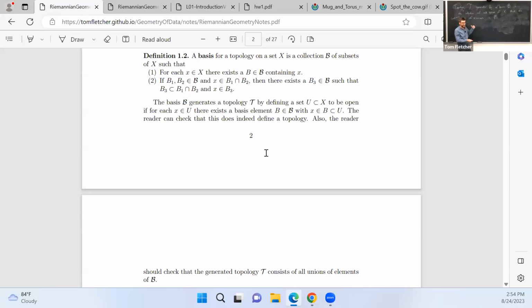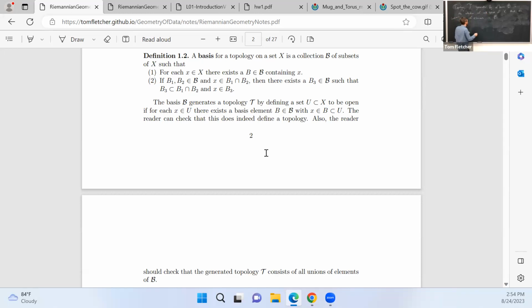Notice also when I said the elements of B are open sets, that follows from this definition of generating, because I can just select one element of B and its union with itself is just itself. So any basis element is an open set itself. Okay.